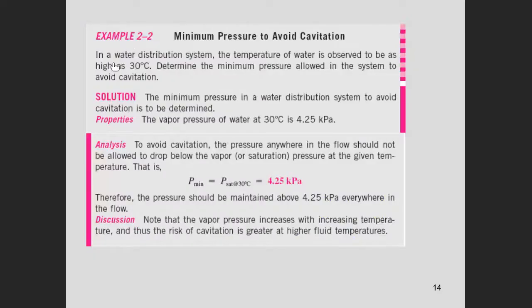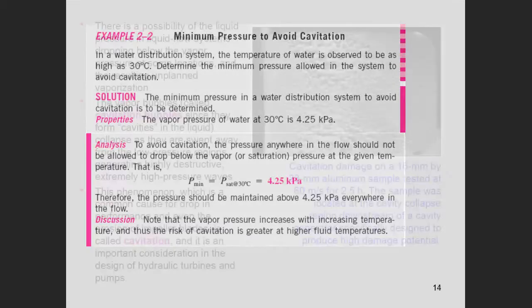It says what? In a water distribution system, the temperature of water is observed to be what? 30 degrees. Determine the minimum pressure allowed in the system to avoid cavitation.